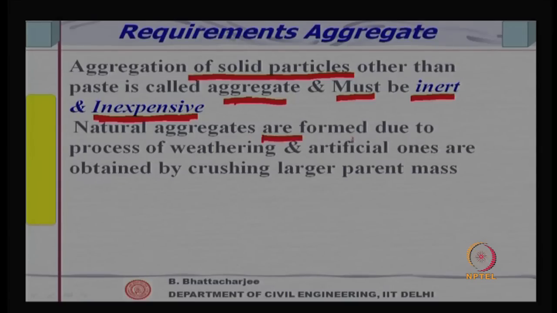Natural aggregates are formed due to the process of weathering, and artificial ones are obtained by crushing a larger parent mass. Well, I would not call the second ones artificial; these are called crushed aggregates.